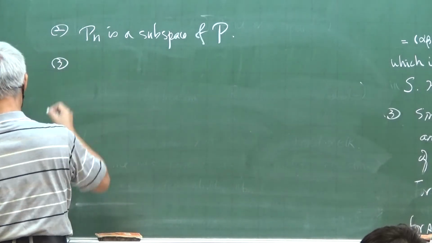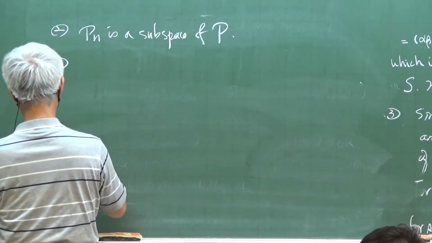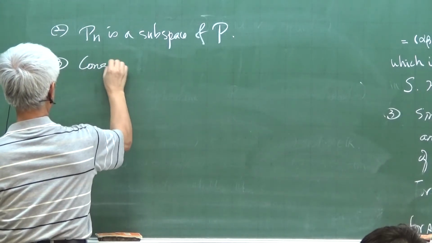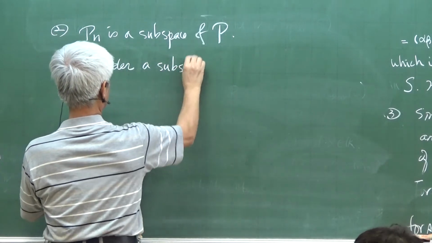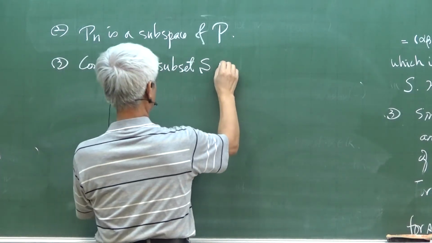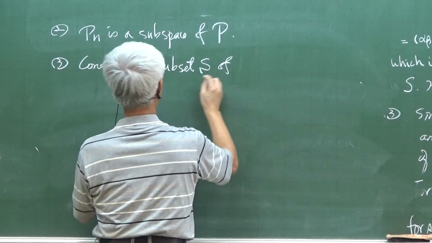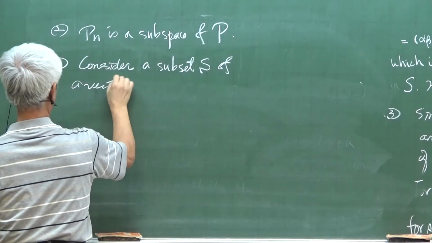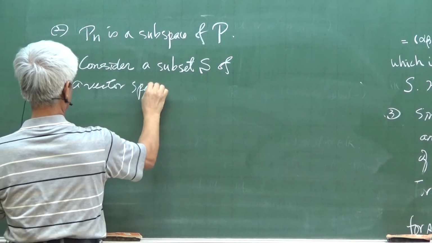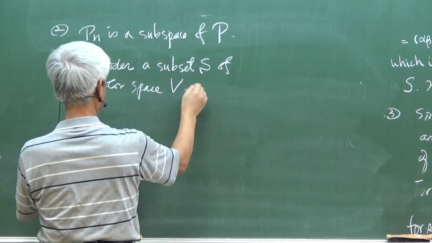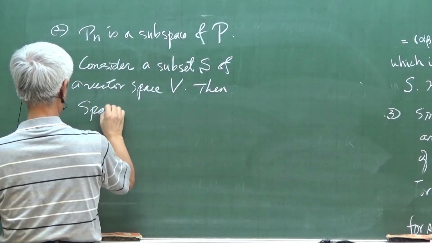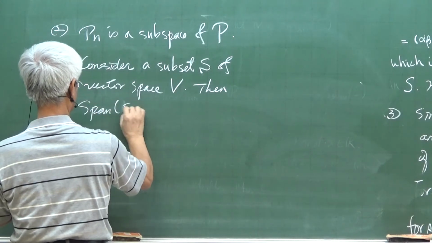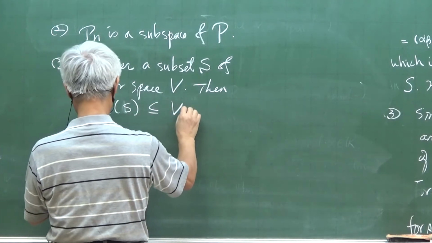Third example. Consider a subset S of a vector space V. Then we know that the span of S is a subset of V, of course.